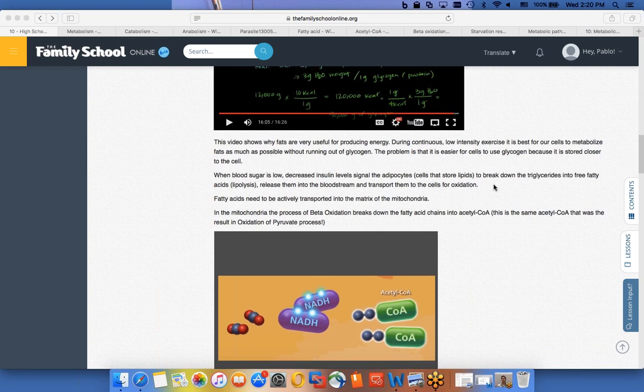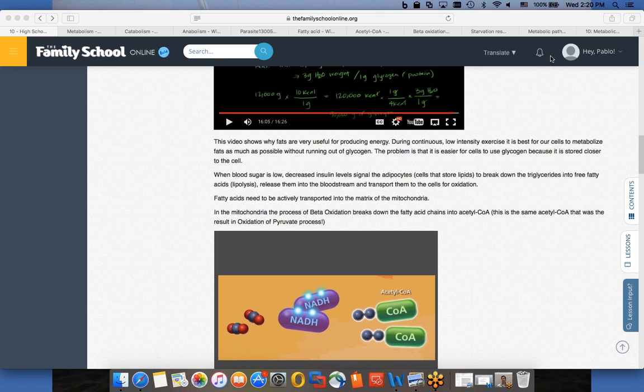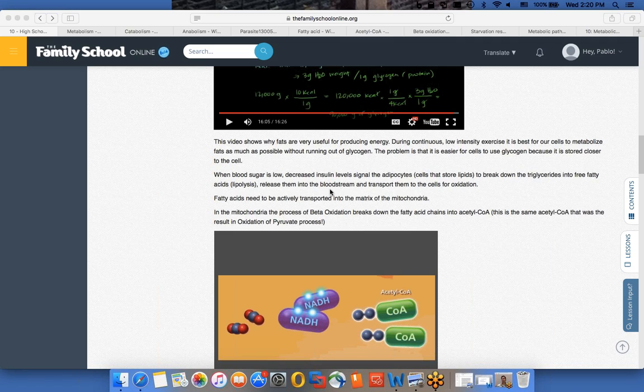So this is an important trigger to start the process of fatty acid metabolism, because if that trigger is not working for whatever reason, that could be problematic.